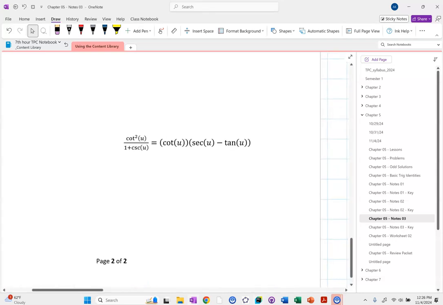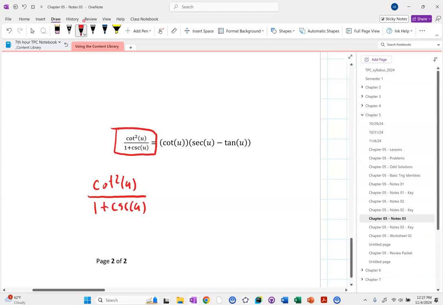Which one of these do you want, or which side do you want to start with? The left. Okay, you can do that. And to me, they look just about the same, right?